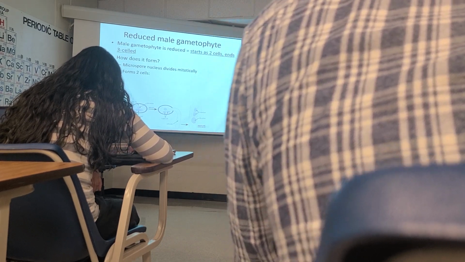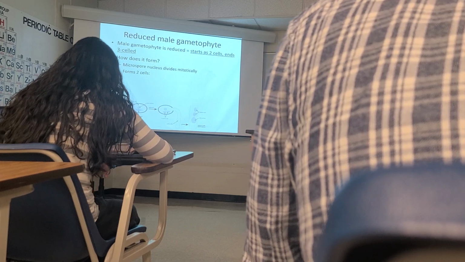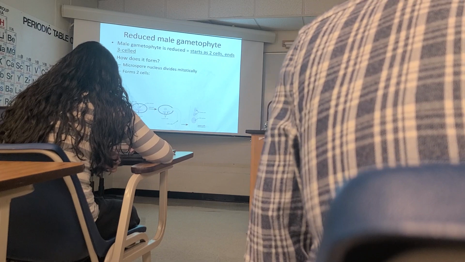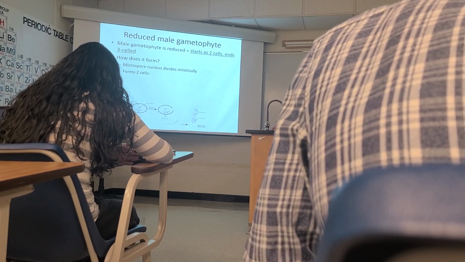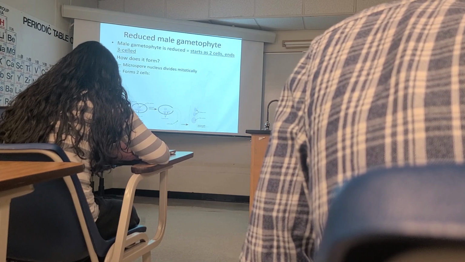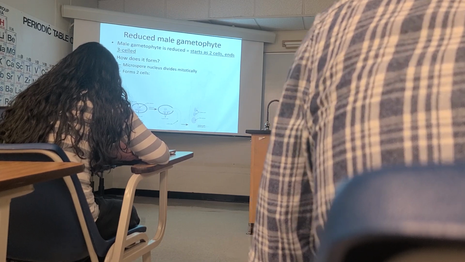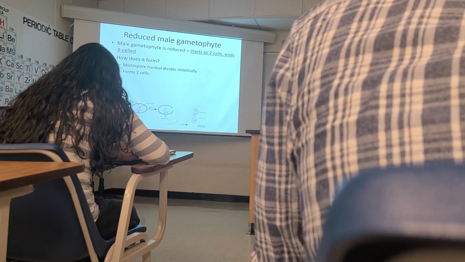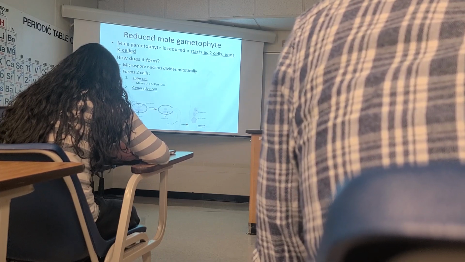All right, so how does this form? Well, we have to backtrack a little bit, go back in our steps of the alternation of generations life cycle, and we're going to go all the way back to the microspore, because that's ultimately what our pollen grain develops from. So we've got our microspore. It divides mitotically, because it's basically growing, becoming multicellular, and it forms 2 cells. Here's what they're called.